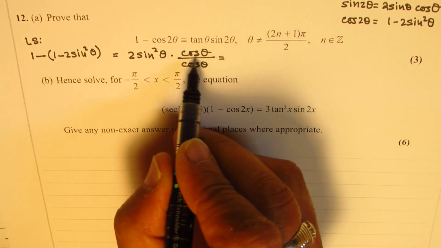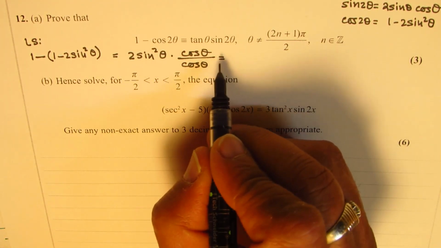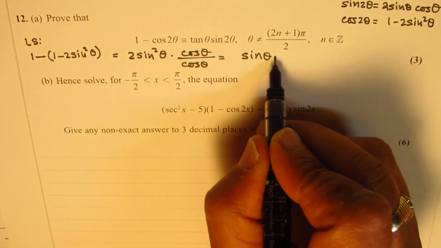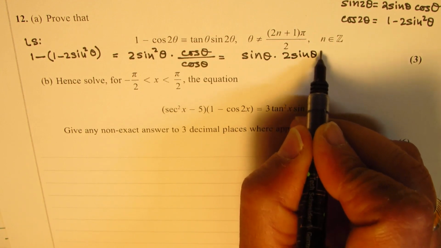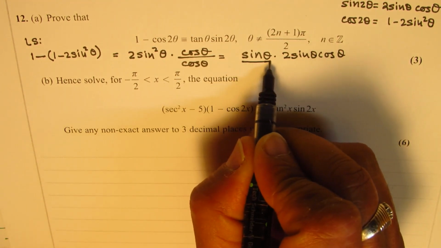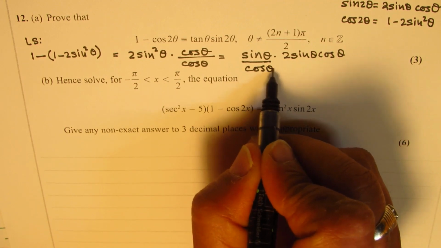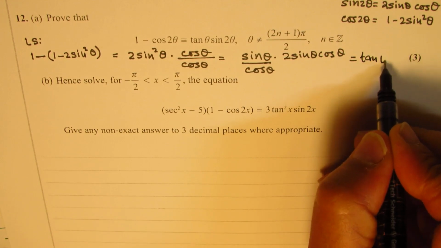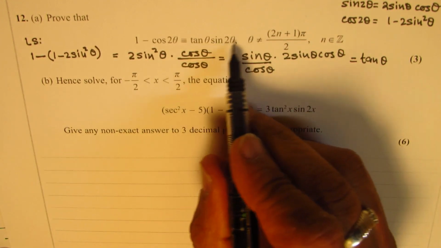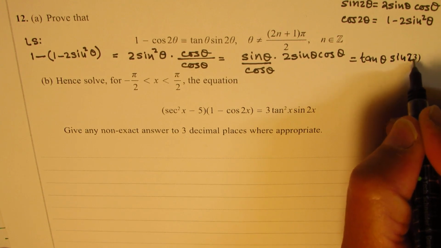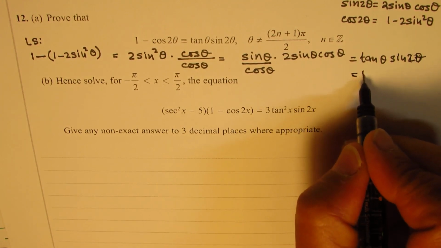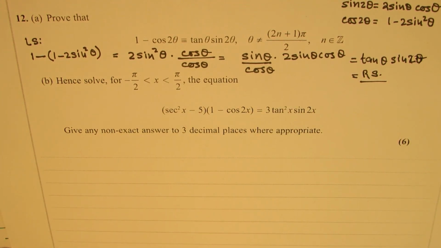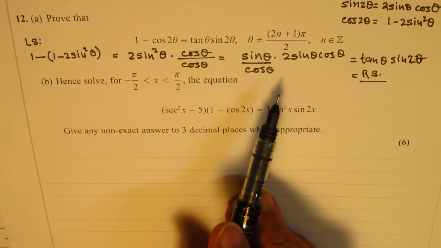So once you do that, what you get in the numerator is sine theta, so we'll just rearrange the terms, times 2 sine theta cos theta divided by cos theta, I'm writing here, mainly because I need tan theta, right? So sine over cos is tan, perfect, and 2 sine theta cos theta is sine 2 theta, correct? Clear? Which is same as the right side. So you could go any way to prove this, and that is how we are going to show it. So I hope that is clear, right?